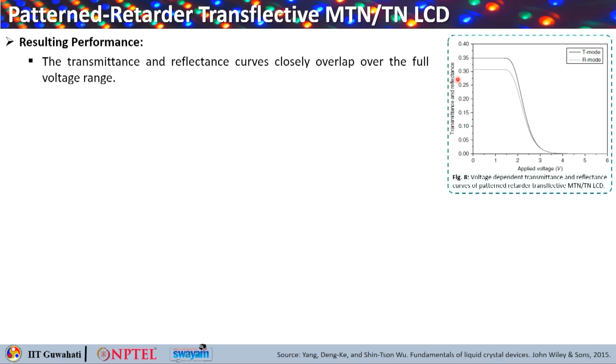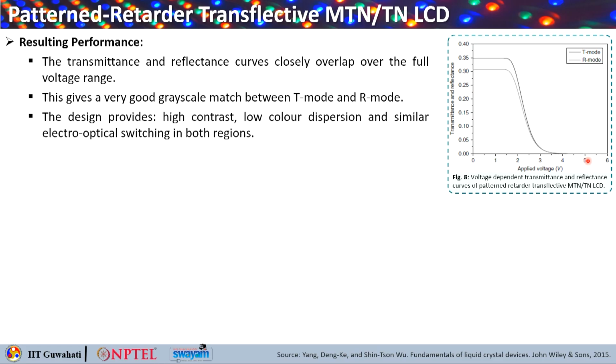This is how the voltage dependent transmittance and reflectance curves of the patterned retarder reflective MTN/TN LCD look. You can see the reflectance and the transmission curves overlap over the full voltage range and are very close to each other, so they give very good grayscale between the transmissive and reflective modes.